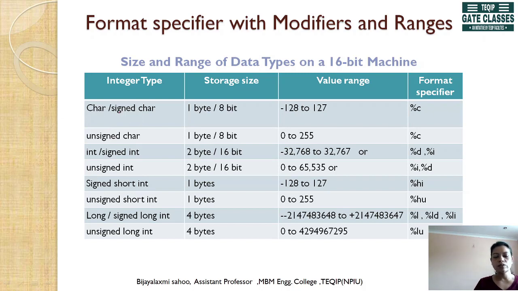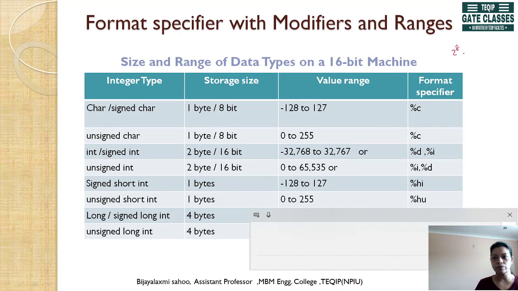We need to remember that when the word signed is mentioned, it has both positive and negative values. By using 8 bits, we can represent 2 to the power 8, that is 256 numbers. For a signed number the range is both positive and negative. 256 divided by 2 is 128, so there are 128 numbers on the positive side and 128 on the negative side.